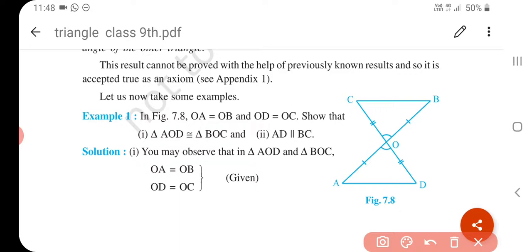Now see the figure. In this figure you can see O is the common angle and this is the vertically opposite angle. This angle is equal to this because vertically opposite angles are always equal.